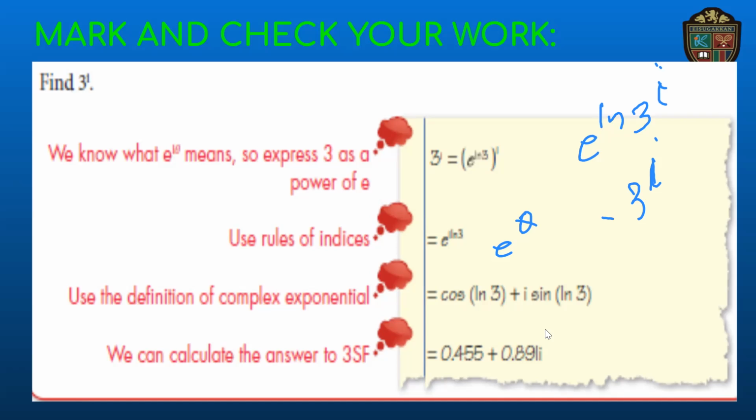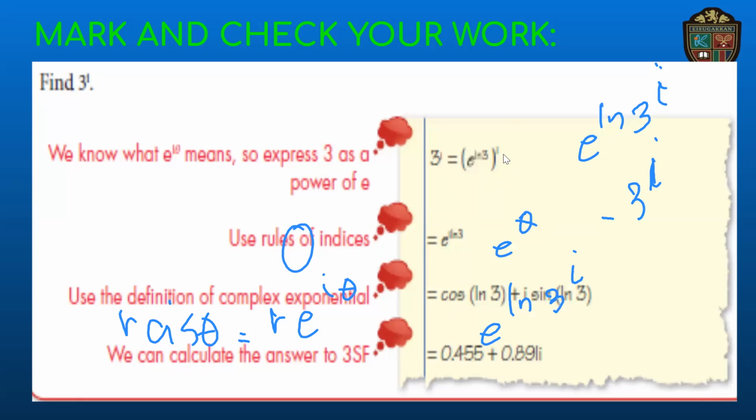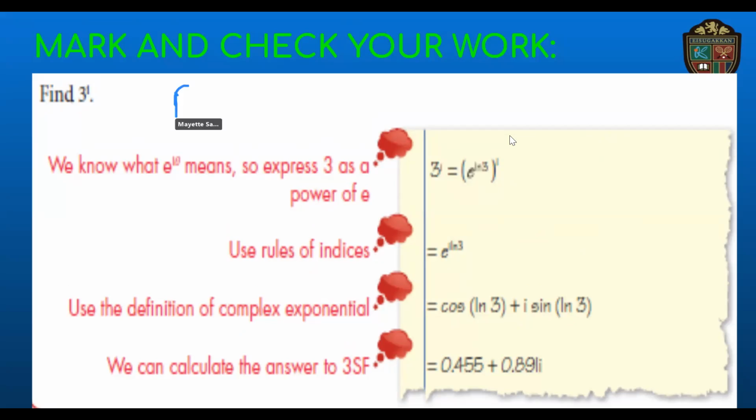Now, this is 3^i, sorry. So I'm correct the first time. This is 3^i. Okay? Because we know that r cis θ is equal to re^(iθ). Now this 3 can be written as e^(ln 3), and then raising it to i, this will give us e^(i ln 3), meaning your θ here is equal to ln 3.